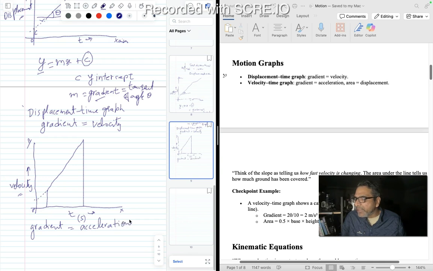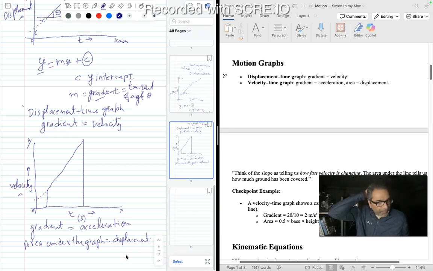It's representing the acceleration, and the area under the graph is equal to displacement, right?